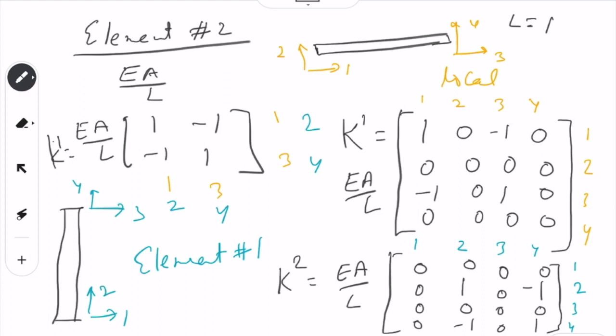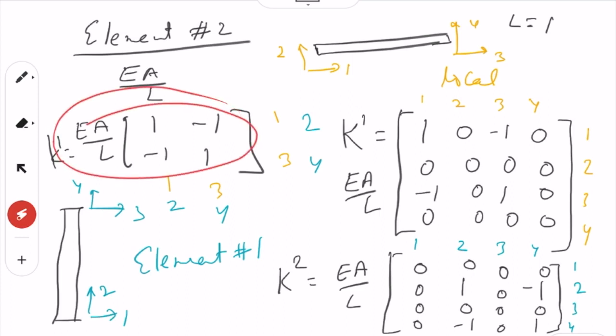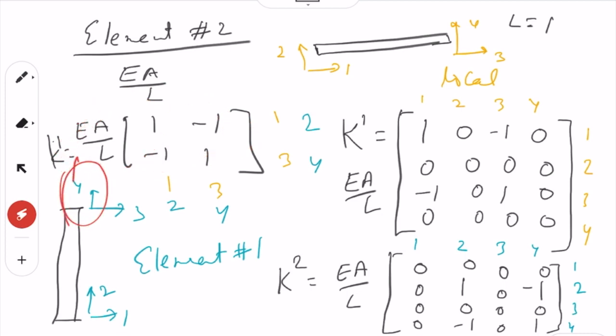Right. So this is how you can relate directly with the orientation. You just see the degrees of freedom. You know that in the 2 by 2 matrix system, we are only concerned with the degrees of freedom which are along the x axis.